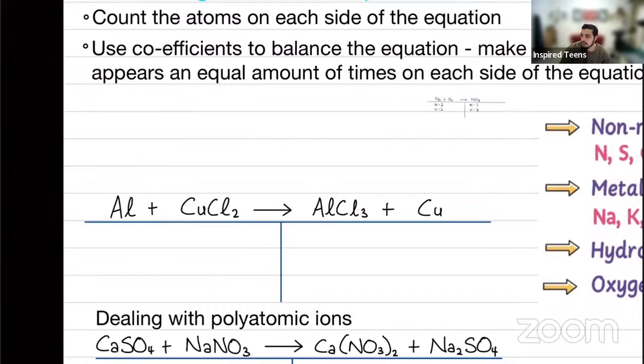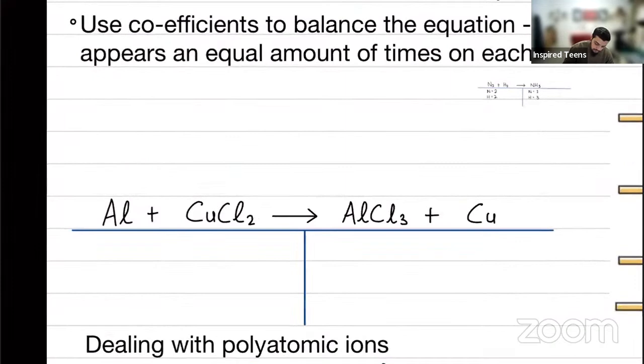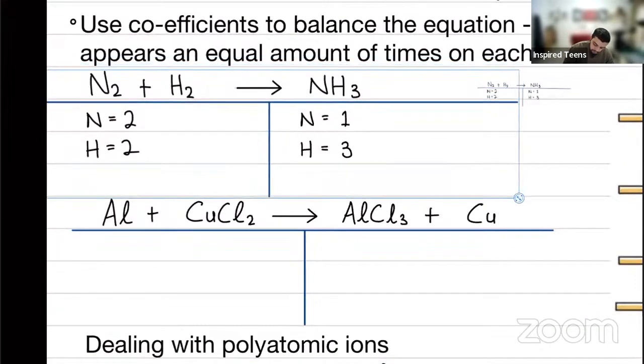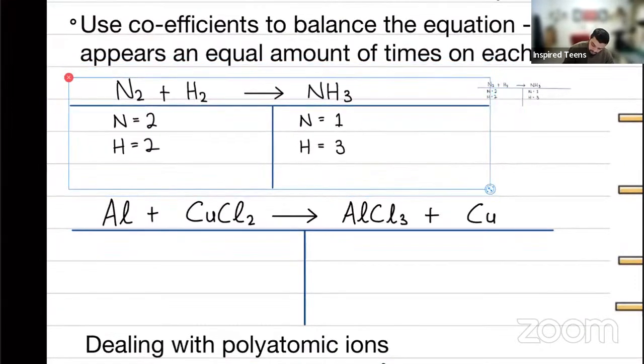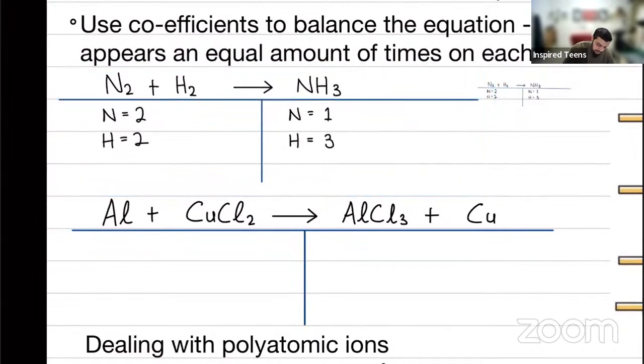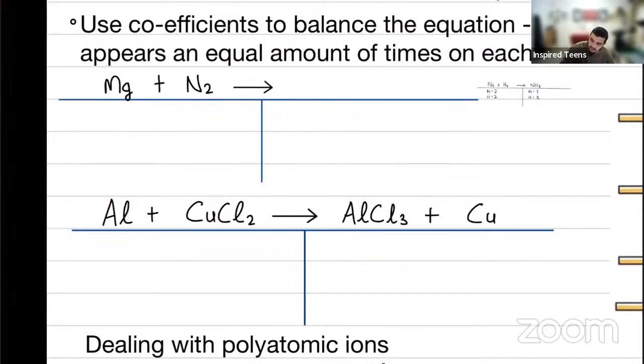Okay, we're going to work with a much easier one. Let us work with Mg plus N2, and this gives us Mg3N2.